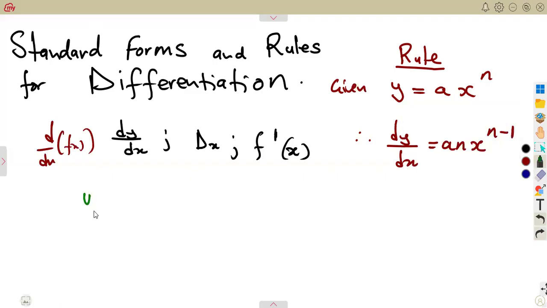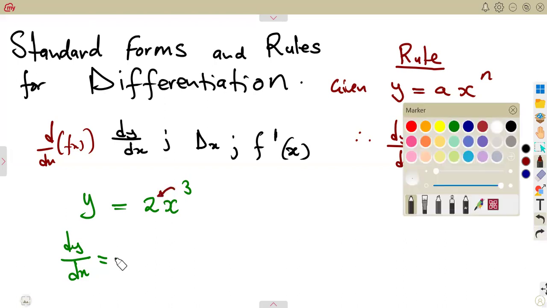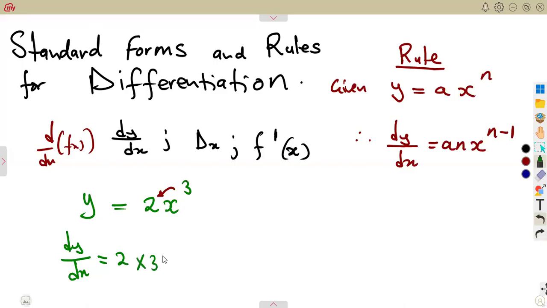Let's say you are given y is equal to 2x to the exponent of 3, and you're asked to determine the derivative of y with respect to x, or d/dx of what you're given. From this concept, you multiply these two terms, the 2 and the 3. So that is simply 2 times 3.